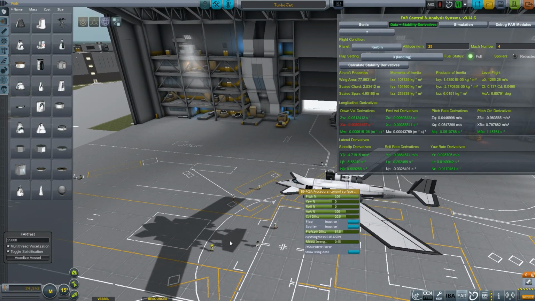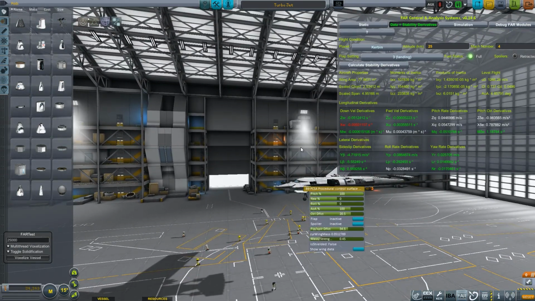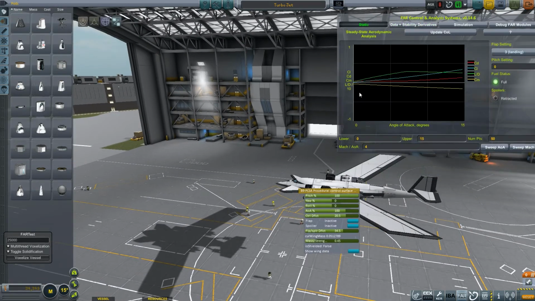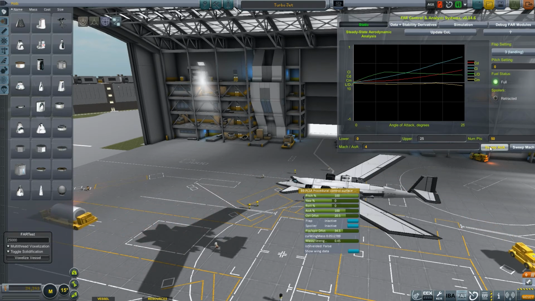Any control input will be from this position they are at now. And if we look at our line, you can see the slope is greatly decreased. If we actually go out a little bit, you'll see that continues up till we almost get to a neutrally stable point at 18 or 19 degrees.